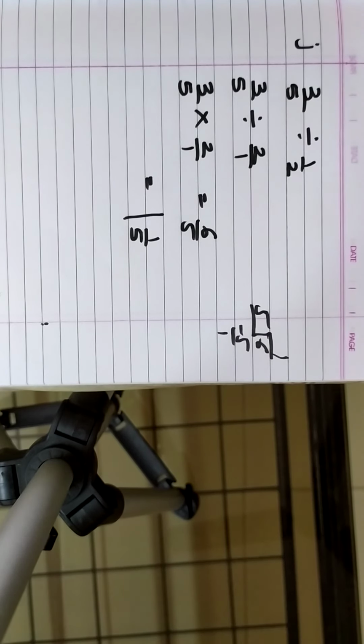Then we learnt about adding mixed numbers. The steps were adding the whole numbers, then adding the fractions by finding the LCM and converting them into like fractions.